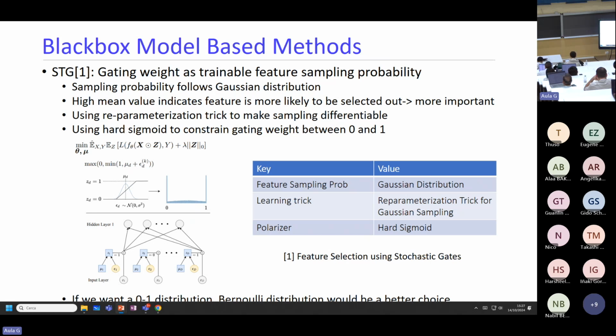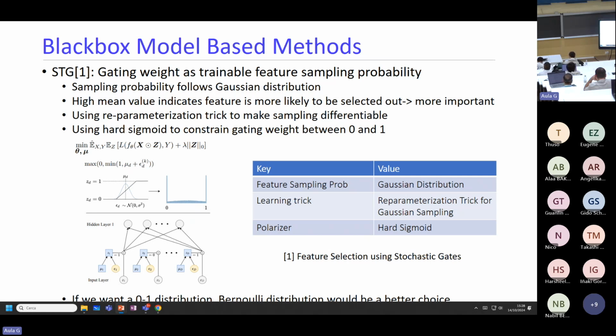For the STG method, they assume that the features are sampled randomly to enter the following neural network, and the sampling distribution follows a Gaussian distribution. They want to learn the mean value of this Gaussian distribution, because a high mean value indicates that the feature is more likely to be selected to fit into the following neural network. Otherwise, it is less likely to be selected.